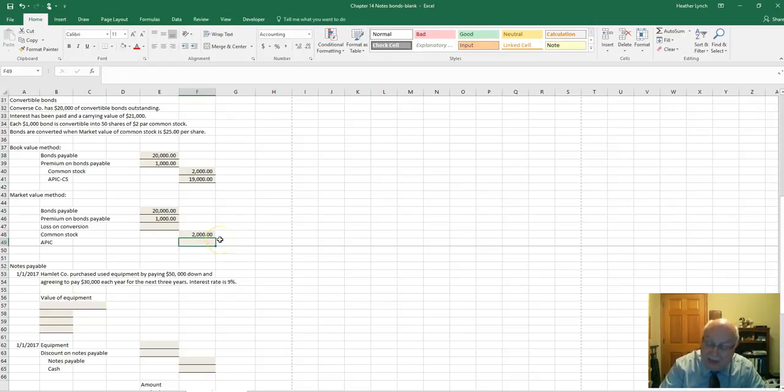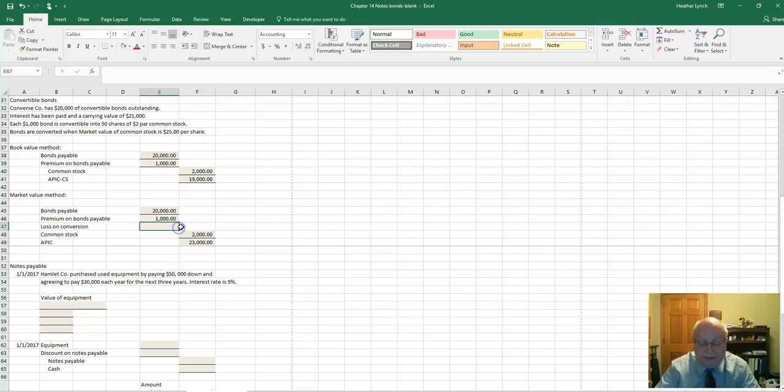Okay. Then we have 20 shares times 50 times, let's do it this way, 25 minus 2 gives you 23,000, because the additional paid-in capital is anything you receive above, and it was $25 a share.